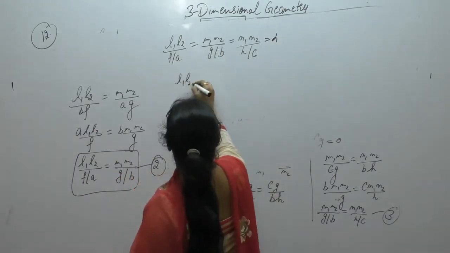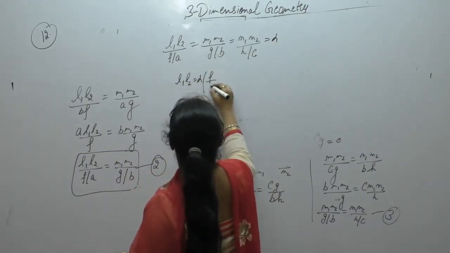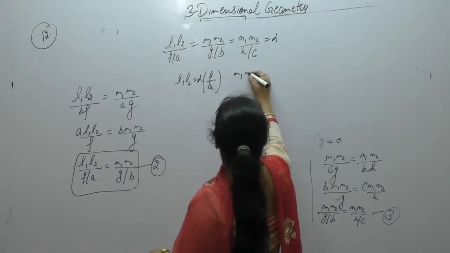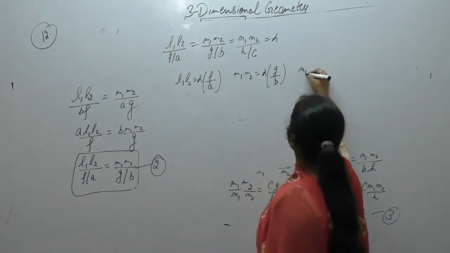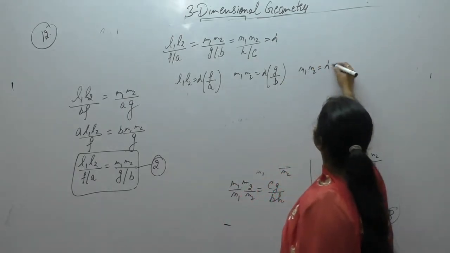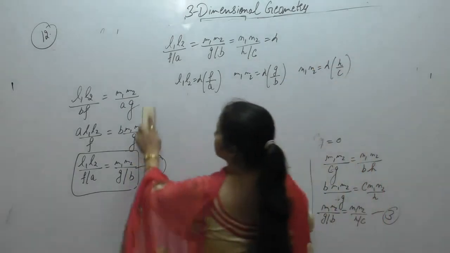So l1 l2 is equals to lambda f upon a, m1 m2 is equals to lambda g upon b, n1 n2 is equals to lambda h upon c.